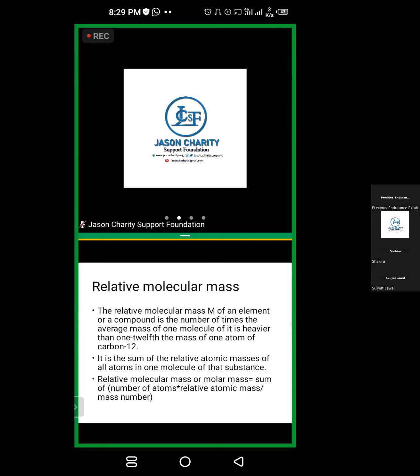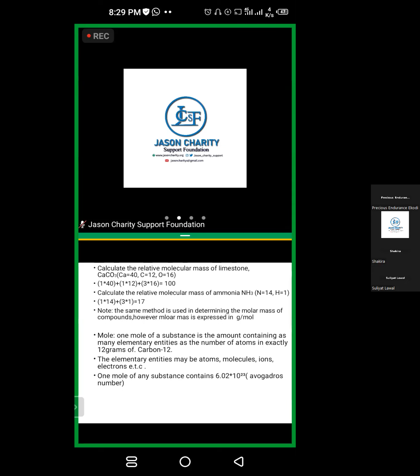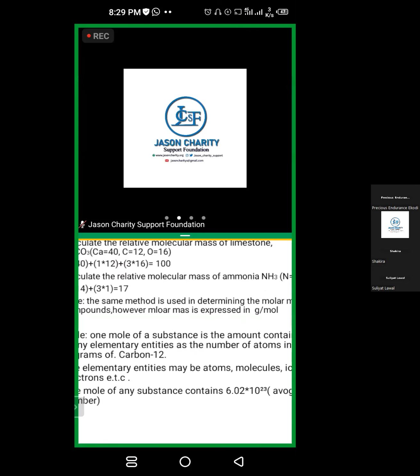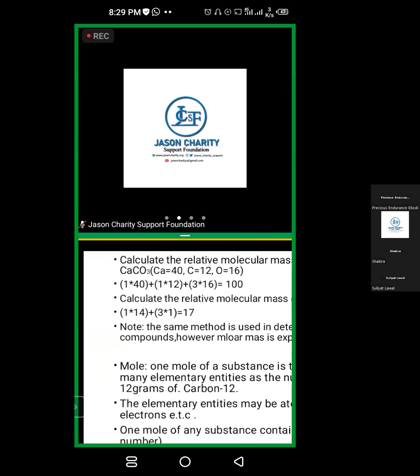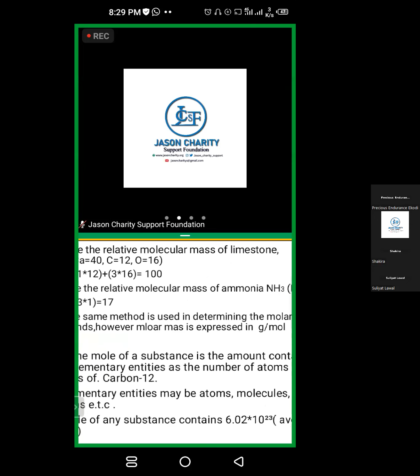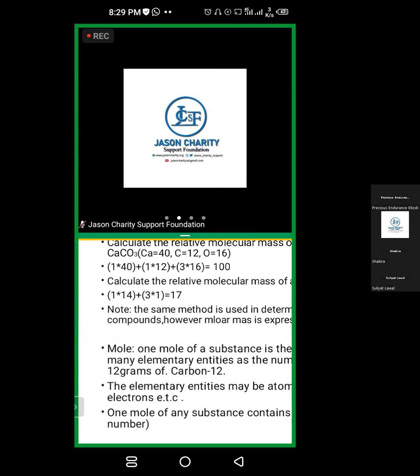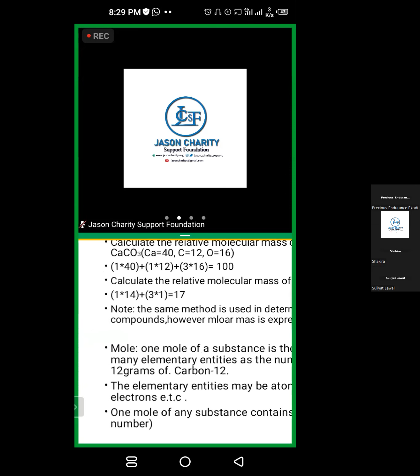Now, what do we mean by this? Let's look at this example here. The first question here is calculate the relative molecular mass of limestone. Limestone is calcium trioxocarbonate. So it contains calcium, carbon, and oxygen. We notice there in the bracket, the atomic masses of each of these elements is given.